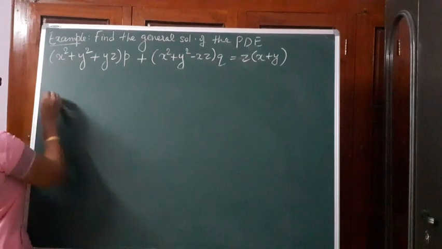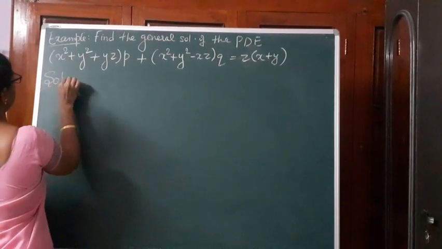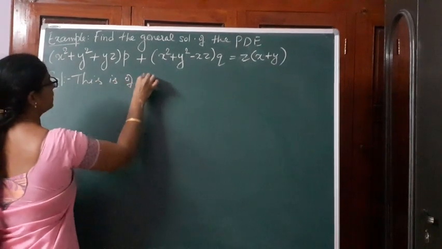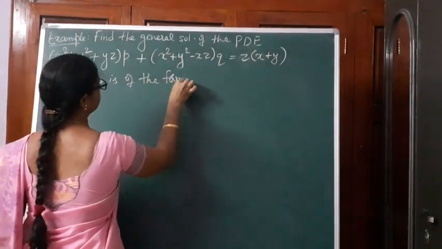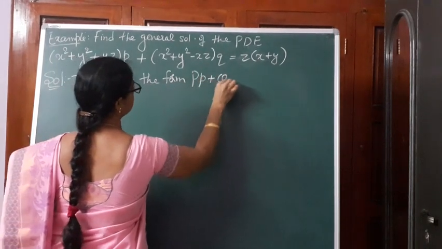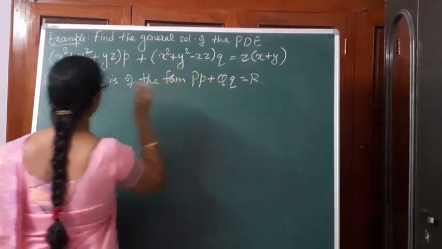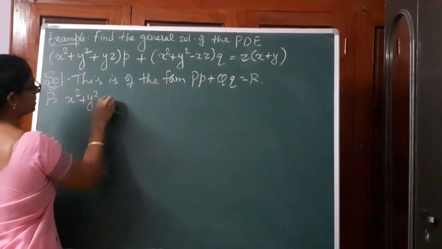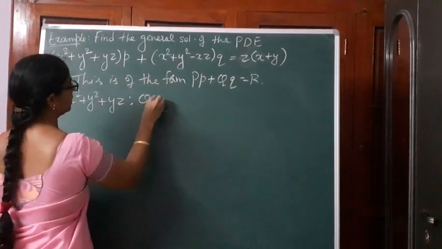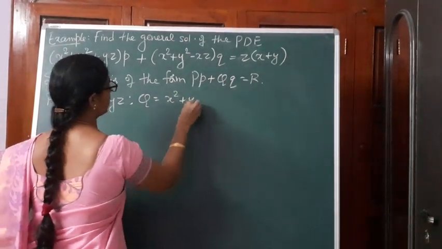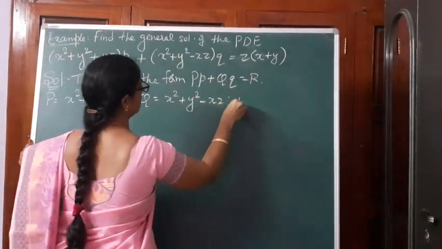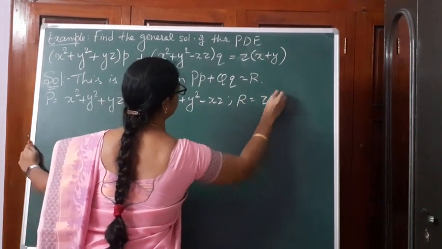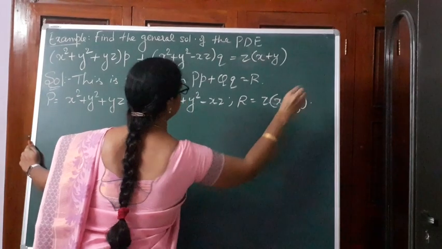So if we observe, this is also a first order linear partial differential equation of the form P p plus Q q is equal to R, where capital P is x square plus y square plus yz and capital Q is equal to x square plus y square minus xz, and R is z into (x plus y).